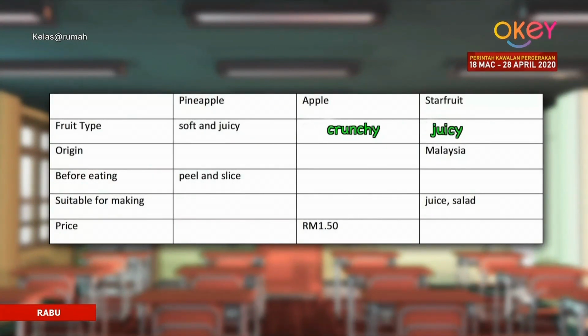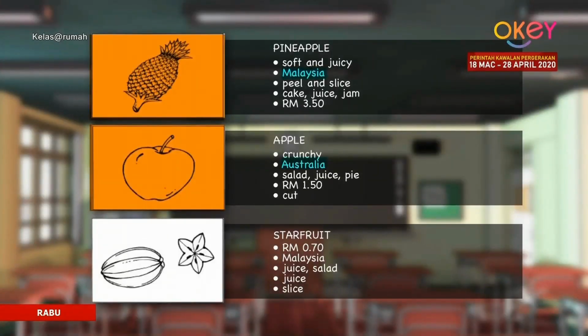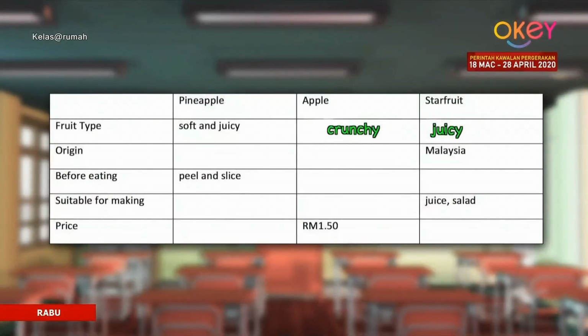Next, for the second row, origin, the blank which is already filled in for star fruit is Malaysia. So in order to find out the answer for pineapple and apple, we shall look for names of countries. So the answer for pineapple is Malaysia, while the answer for apple is Australia.